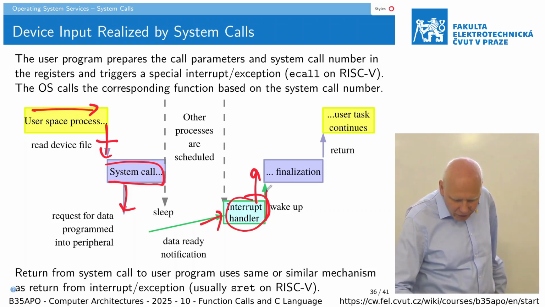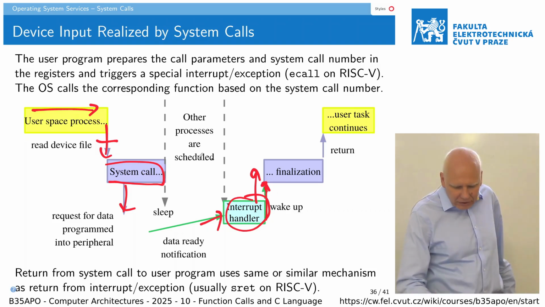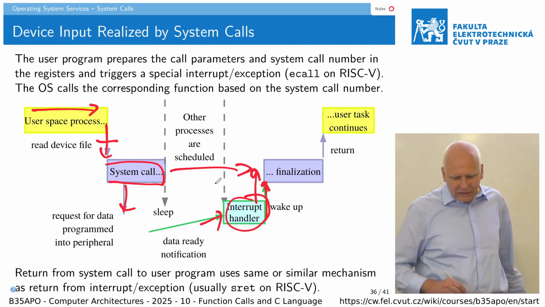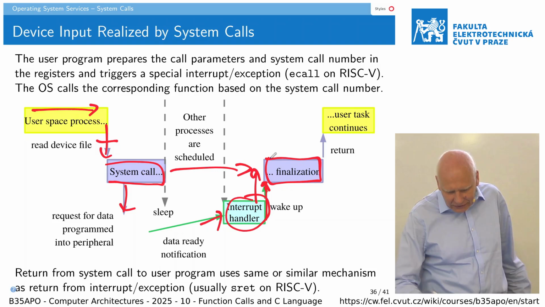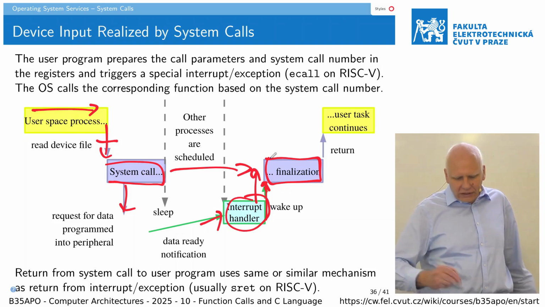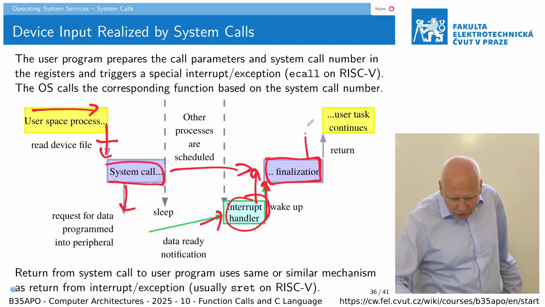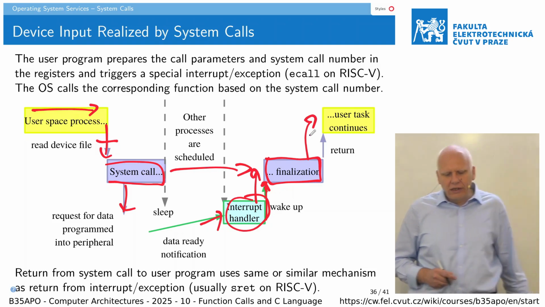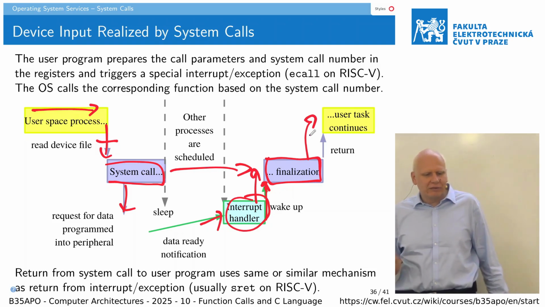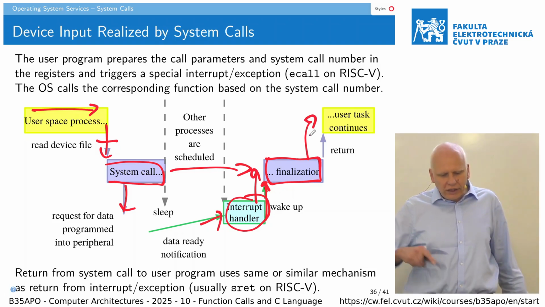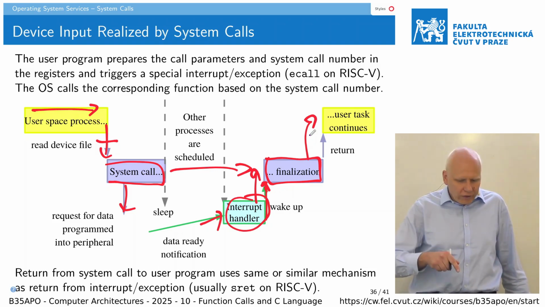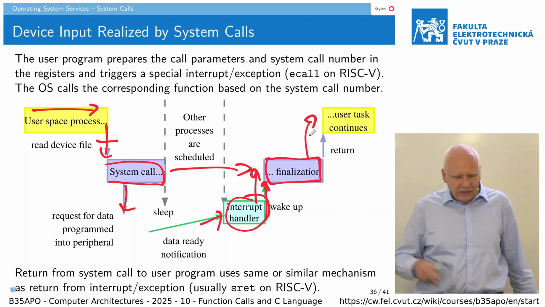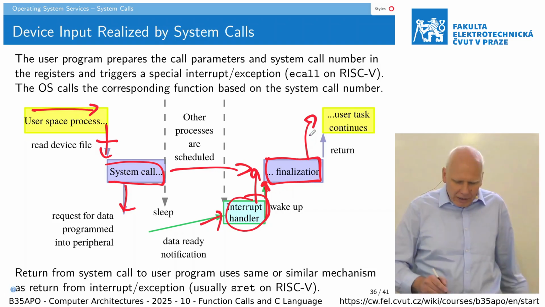Then it wakes up the waiting task in the kernel, which finalizes the processing of the data and stores it to the user task address space, with a check that the user really points to memory which it owns, not to some other problematic memory.